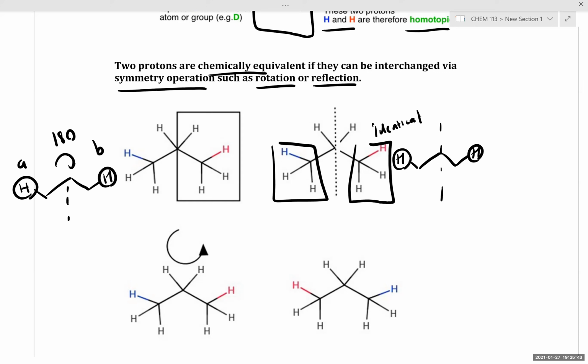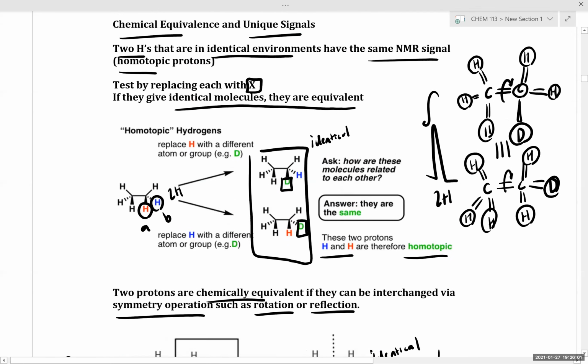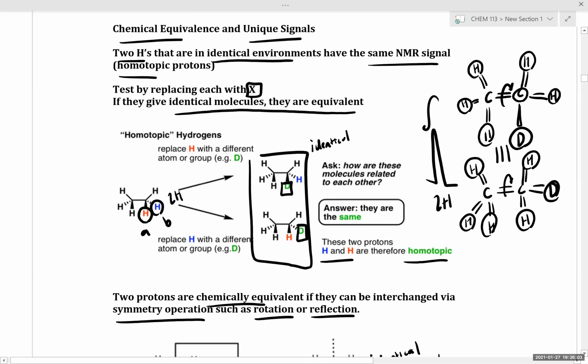In the previous example, would our peak be represented by 3 hydrogens or just 2? There are 3 hydrogens on that carbon, but we're only talking about 2 of them.